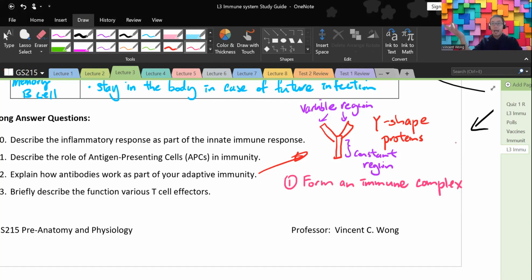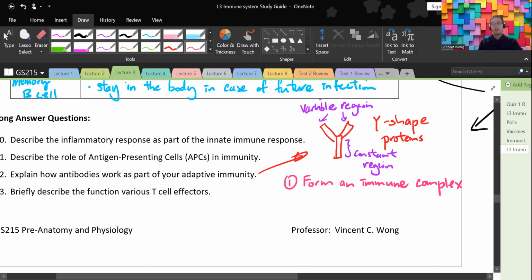When the anti-A antibody binds to a red cell that has protein A on it, it causes it to clump together, and then it causes them to burst, right? Hemolysis. So similar things can happen if you have a bunch of bacteria. The antibodies can bind to them and clump them together to form these immune complexes. And the bigger they are, the easier it is to swallow them, right?